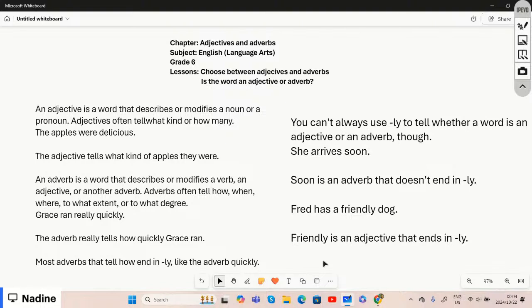We're doing grade 6. And the lesson that we are going to be focusing on under the chapter of adjectives and adverbs is to choose between adjectives and adverbs. And we're going to say, is the word an adjective or an adverb?